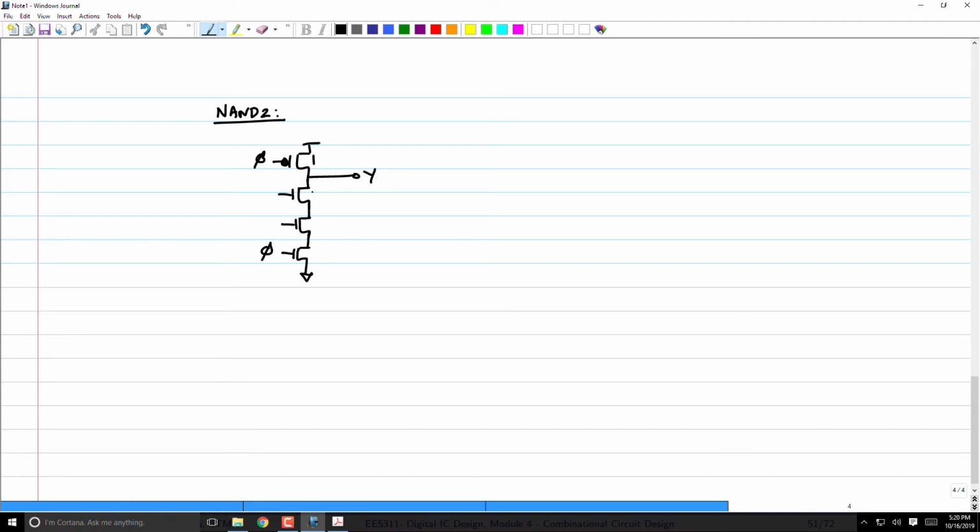NMOS 3. What's the logical effort now? This is A, B. What's the logical effort? GA equal to GB: 3C by 3C. You get 1. So a NAND 2 gate which had 4 by 3 is now down to 1. Clear?